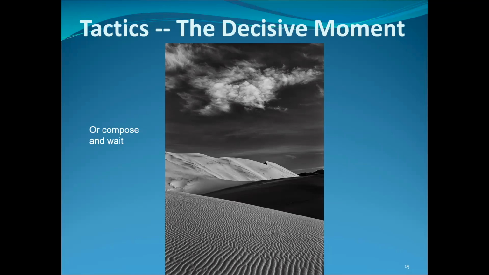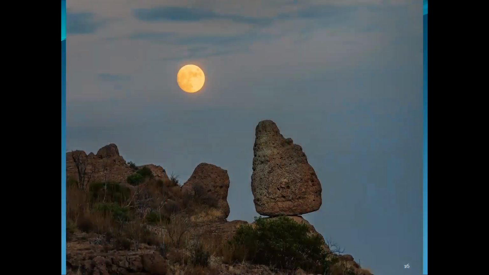I composed the image, probably was on tripod, and just stood there and waited for the cloud to drift exactly into what I thought was the appropriate spot for it. So there is a decisive moment in landscape photography, just like there is in street photography. And it's useful to look for these things and compose and wait, as Sam Abel said in that talk years ago.